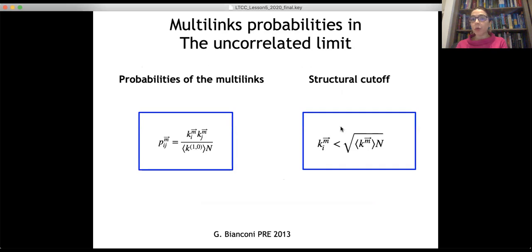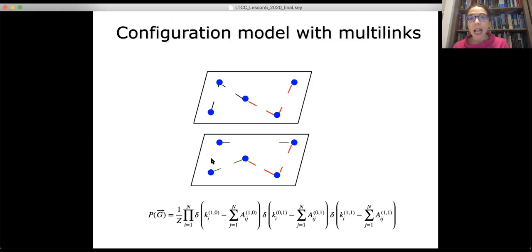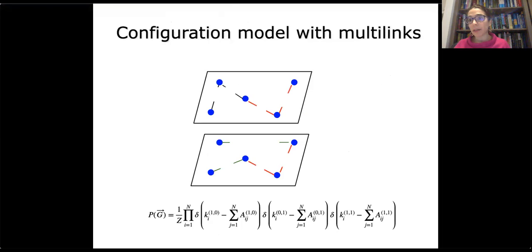If we introduce a structural cutoff, this marginal probability factorizes, and for each vector m, it is just proportional to the multi-degree of node i vector m times the multi-degree of node j vector m. And we can really construct the code.